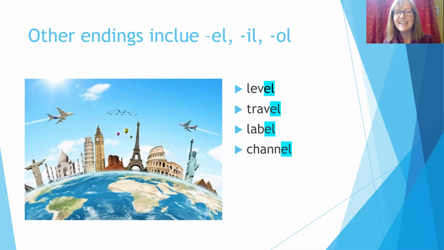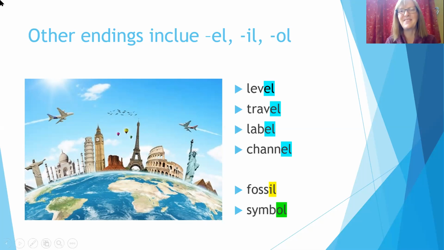Again, no N-L-E and no V-L-E, so we know we have to switch those letters around. Fossil, we don't say fossil, but we still spell it differently with the I-L. And symbol, right? Okay. Make sure you watch that again if you kind of want to have another look at what the rules are for the ul sound at the end of a word.